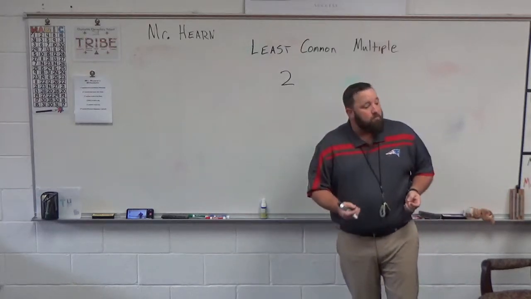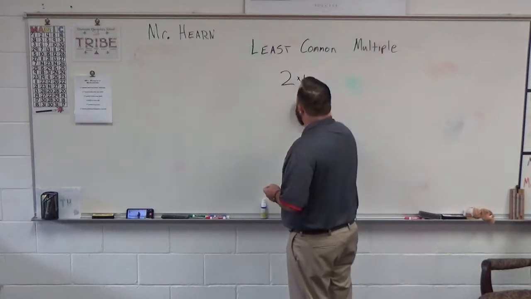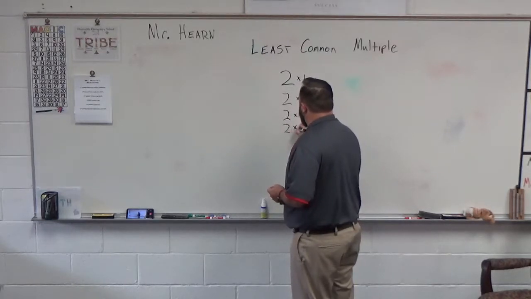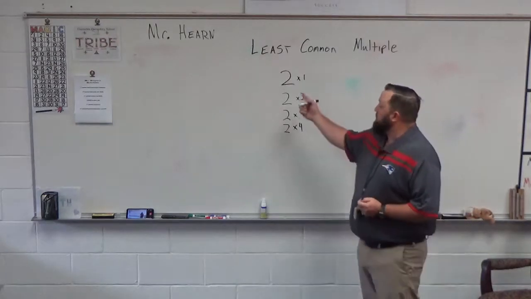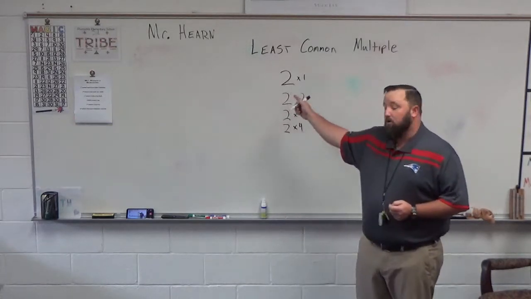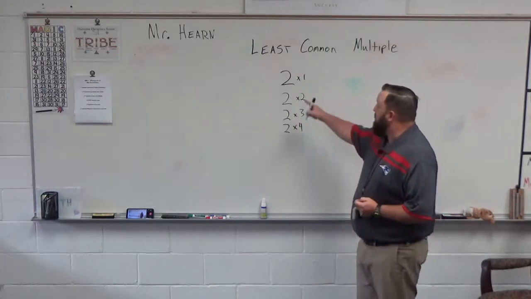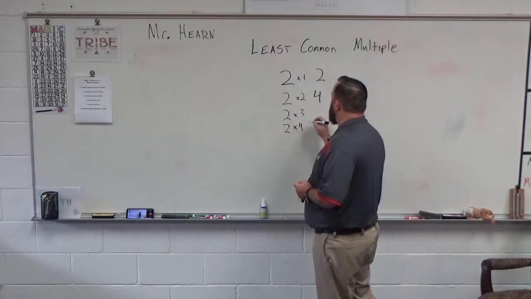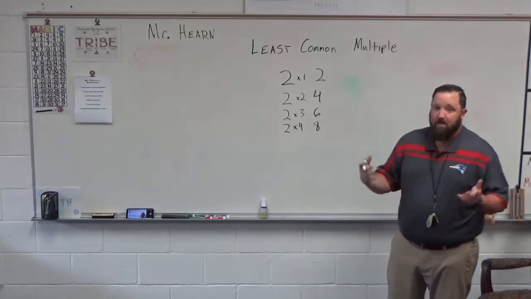When I say multiple, I'm saying 2 times 1, 2 times 2, 2 times 3, 2 times 4, and so on. The multiples are that number multiplied by 1, by 2, by 3. So the multiples of 2 are 2, 4, 6, 8.